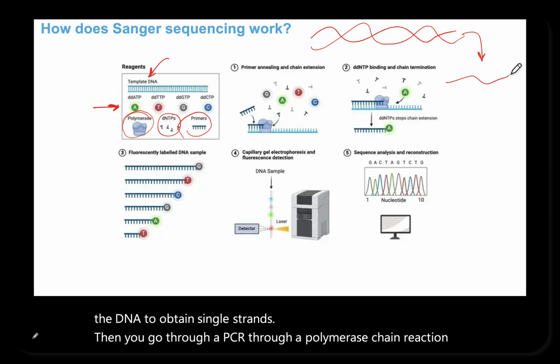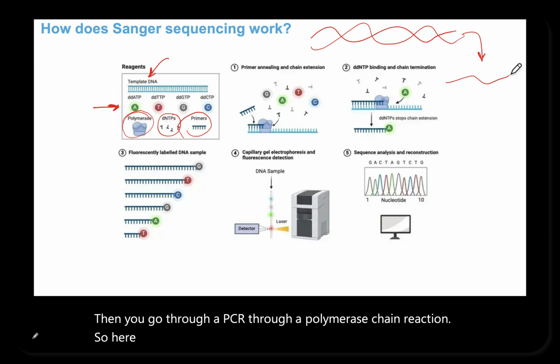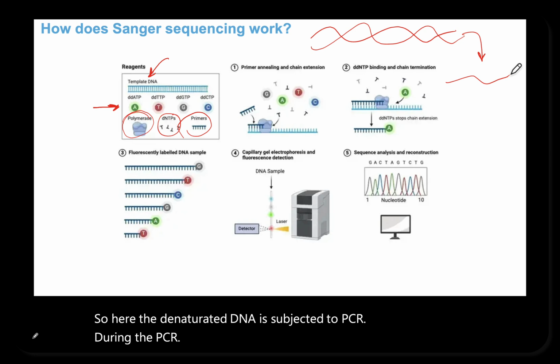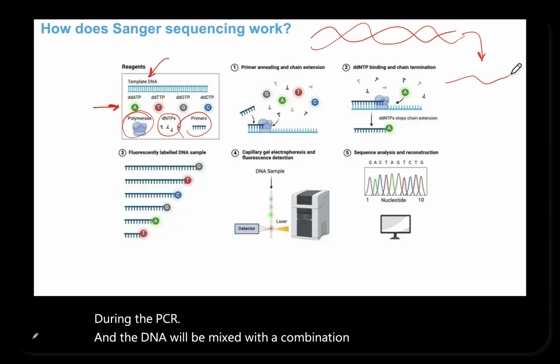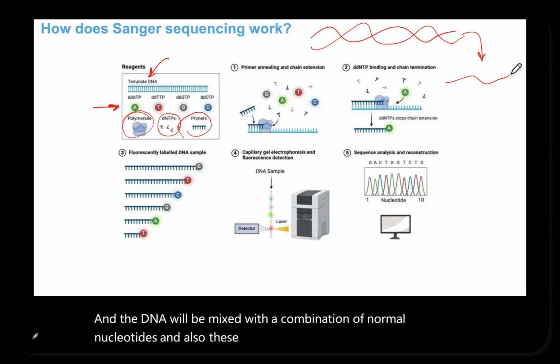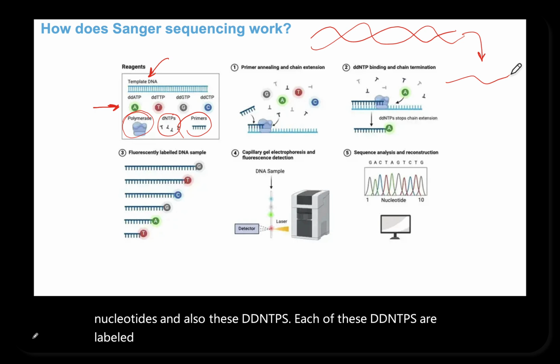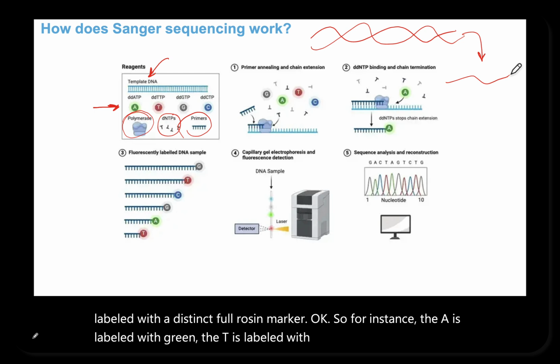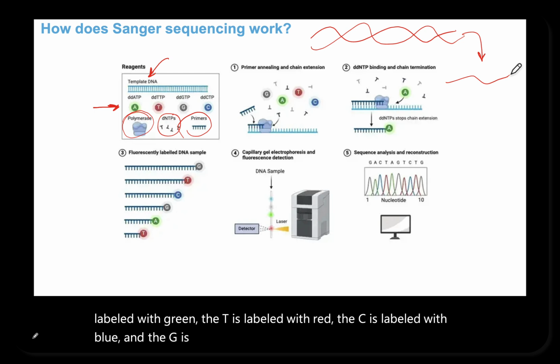During the PCR, the DNA will be mixed with a combination of normal nucleotides and also these ddNTPs. Each of these ddNTPs is labeled with a distinct fluorescent marker. For instance, the A is labeled with green, the T is labeled with red, the C is labeled with blue, and the G is labeled with gray.